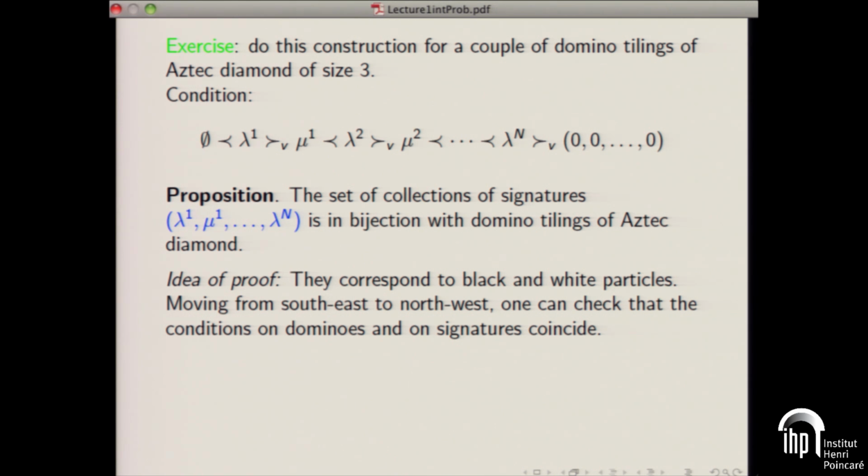This is not very trivial, but it's possible to see by drawing pictures, and it's hard to check otherwise rather than drawing these pictures by yourself. So we can now forget about domino tilings and think only about these particle systems which satisfy this admittedly not very easy combinatorial constraint.